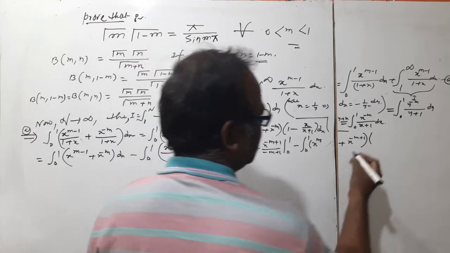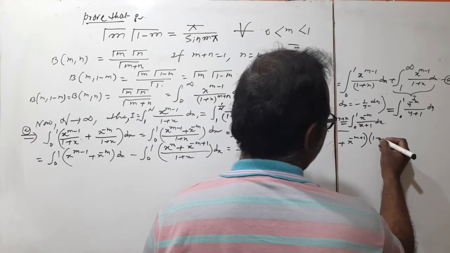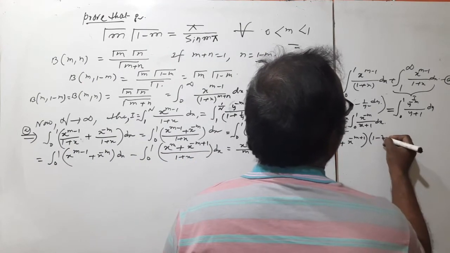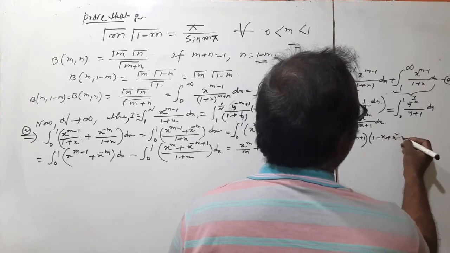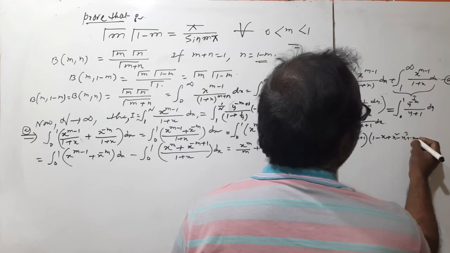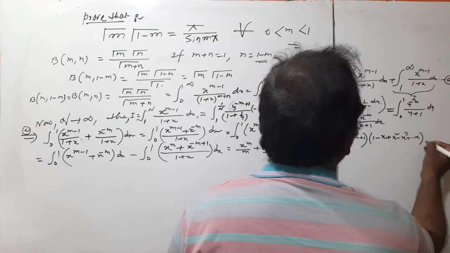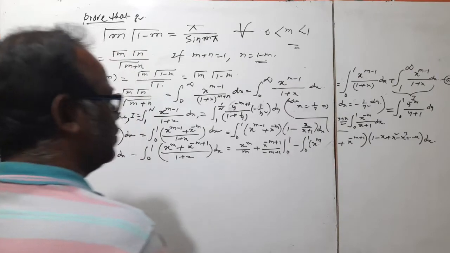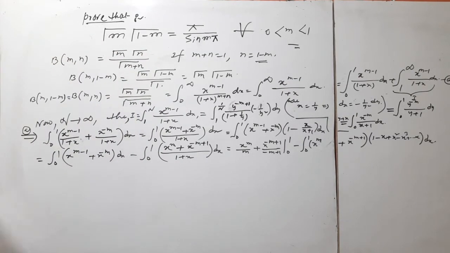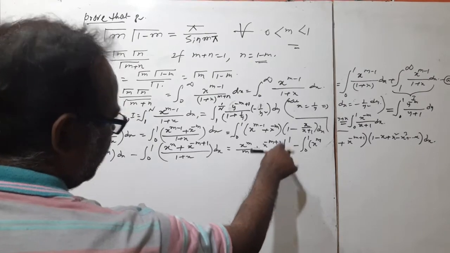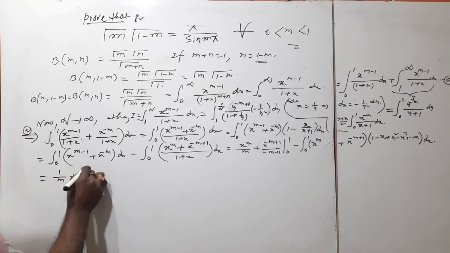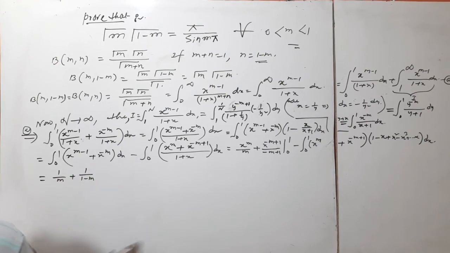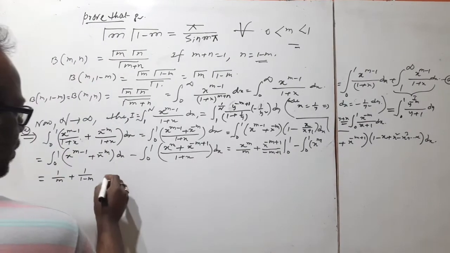So the expansion of that here is 1 minus x plus x square minus x cube plus dot dot to infinity, dx. So if we put the limit here, we get 1 by m plus 1 by 1 minus m. If we put 0, then we get 0.